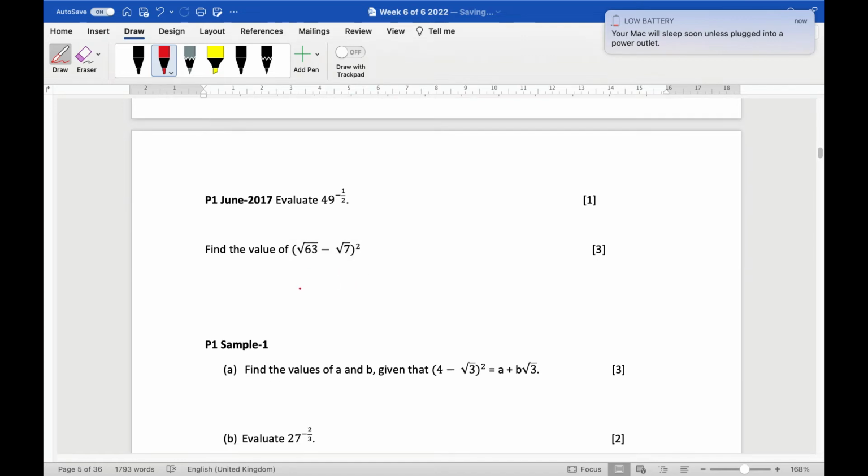We'll do this one just because it looks a little bit different. And also, I'm really surprised this came in a non-calculator paper given the size of the numbers, but let's go with it. Pen's not doing brilliantly here, is it? So that's easy enough. 63. That's easy enough. 7, although careful that it's a minus times a minus.